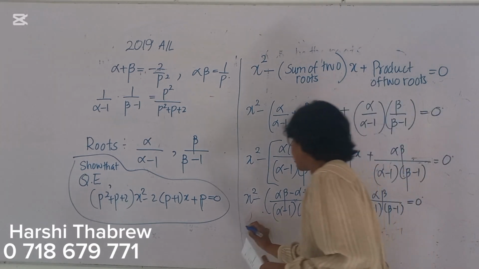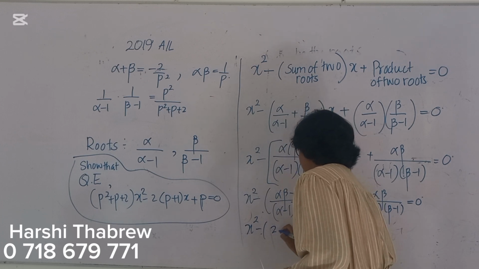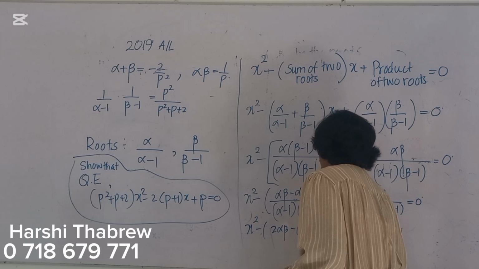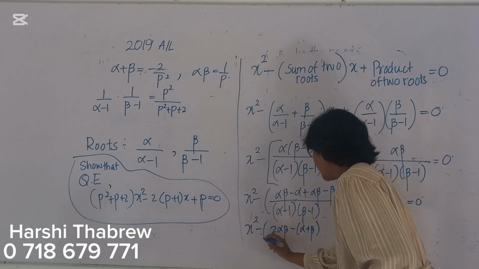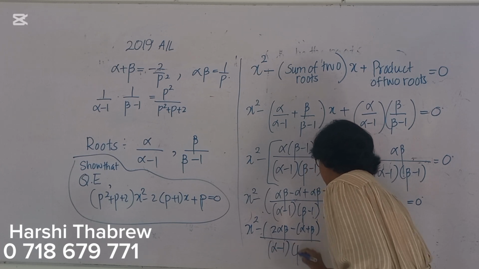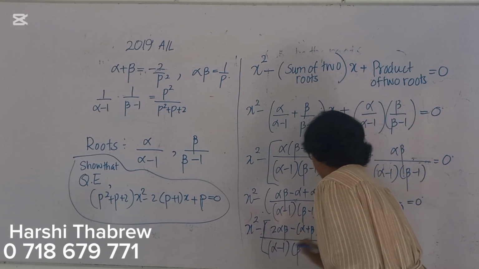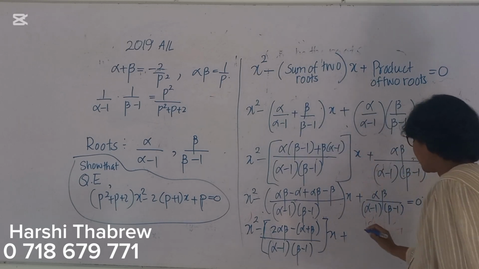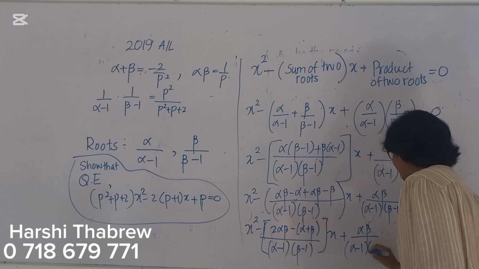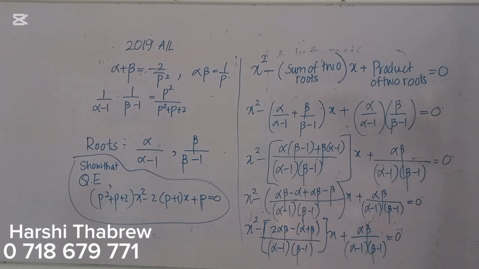Okay, now you can see x squared minus, we can get the sum as 2 times alpha beta minus alpha plus beta over the alpha minus 1 beta minus 1 product, times x plus alpha beta over alpha minus 1 times beta minus 1 equals 0.